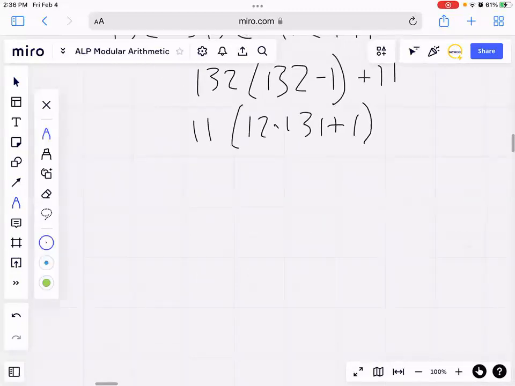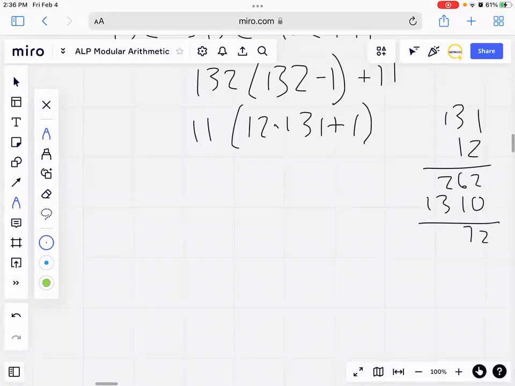And then 131 times 12 is 262 plus 1,310, which gives us 1572. Adding the 1 gives us 1573. It's just 11 times 1573. And notice that the sums of the alternating digits are the same: 1 plus 7 is 8 and 5 plus 3 equals 8.